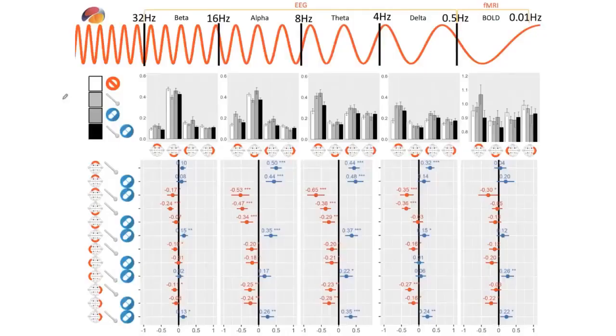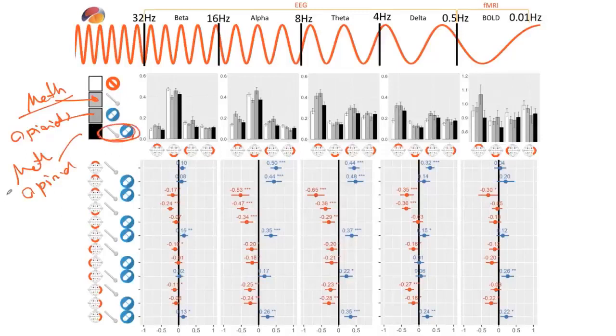Here we have been using those who are using meth or crystal, opioids, and those who are using both meth and opioids. So these two together. And we explored the connectivity with beta band, alpha band, theta band, delta band, and also with BOLD signal.